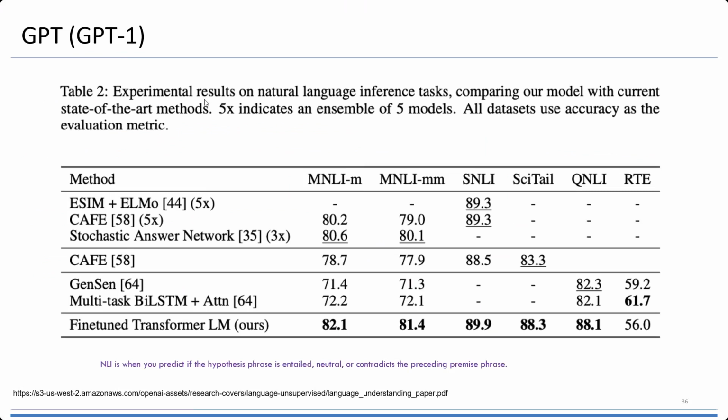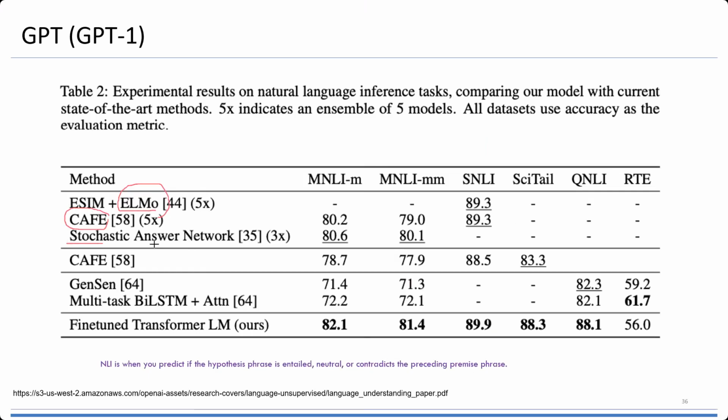This is the table comparing GPT-1 and the other kinds of models. If you look at the models, maybe they're not that familiar to you, but you can see ELMo. ELMo is a model from the encoder.